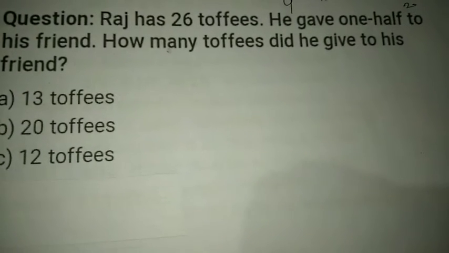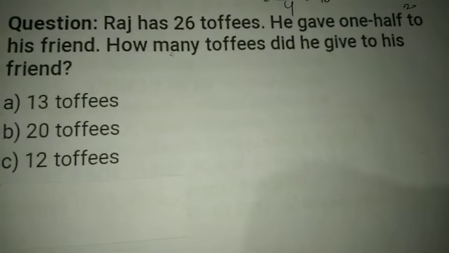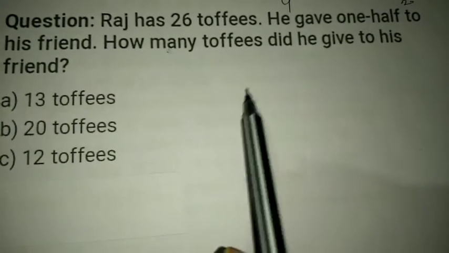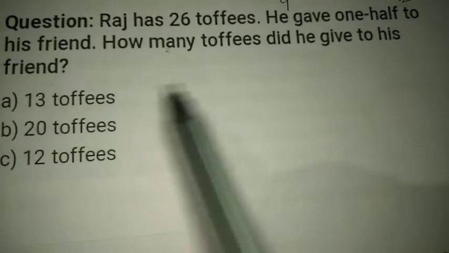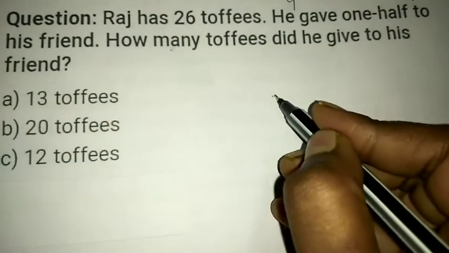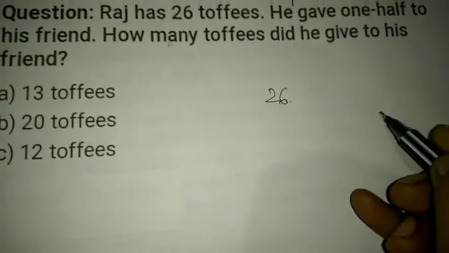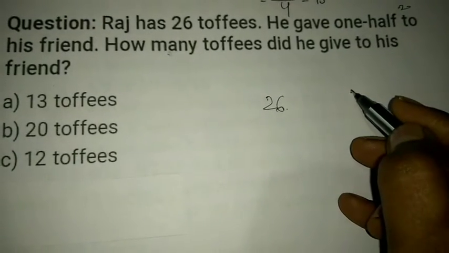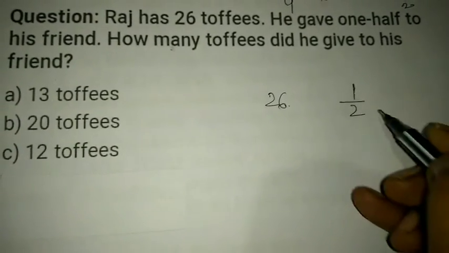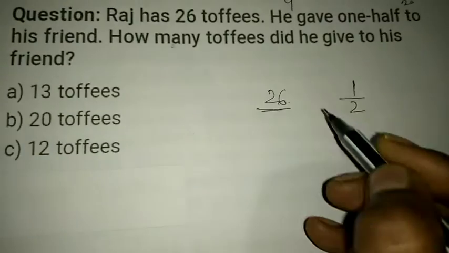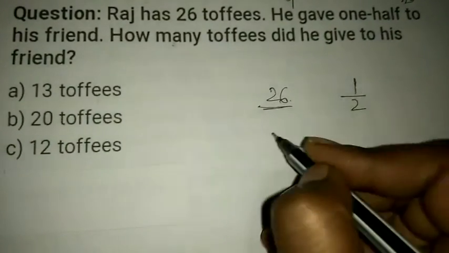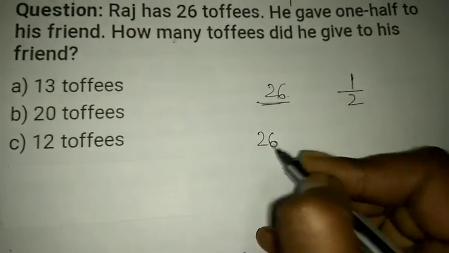Raj has 26 toffees. He gave one half to his friend. How many toffees did he give to his friend? So here Raj has 26 toffees and he gave one half, that means 1 by 2 of 26, to his friend.